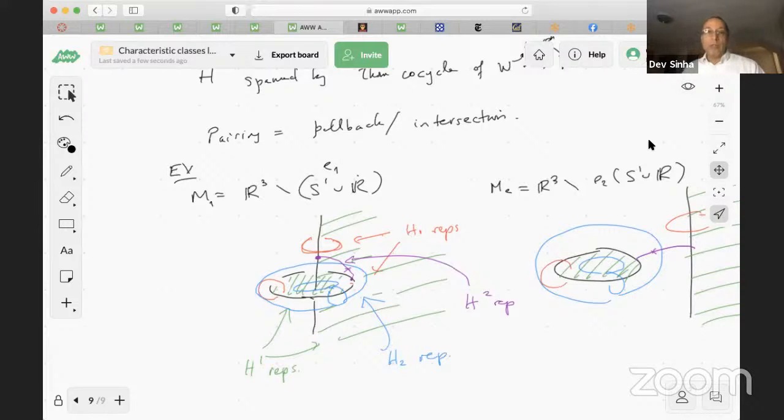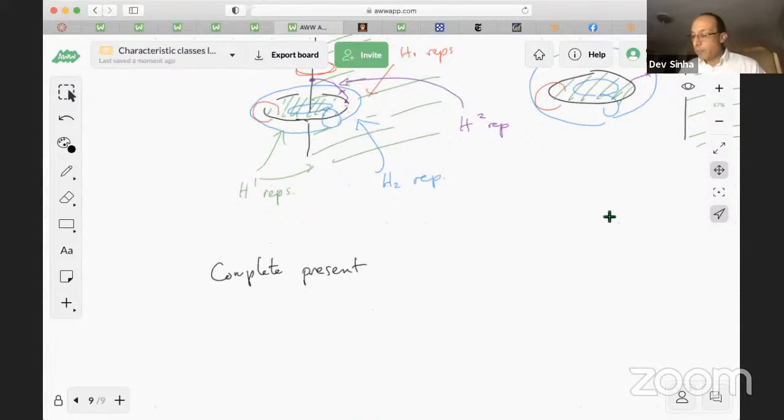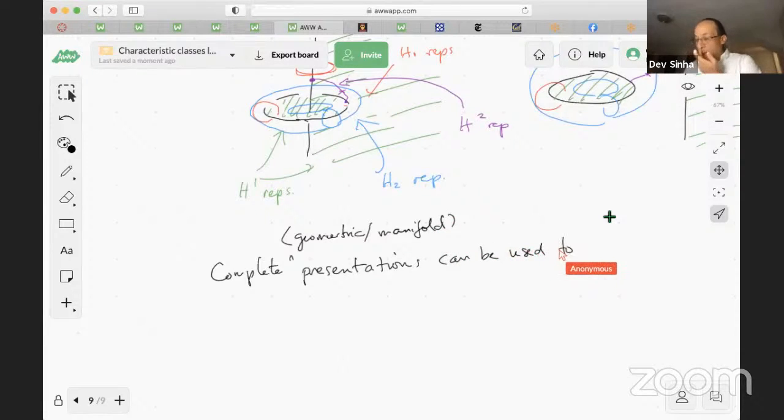presentations. What can you do with a complete presentation? Well, in some cases, complete, and especially our geometric or manifold presentations can be used to calculate induced maps. Sometimes that's really important.